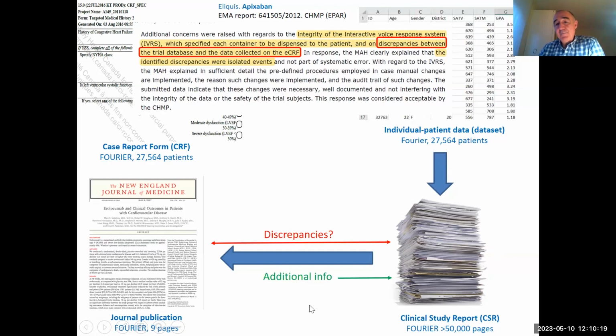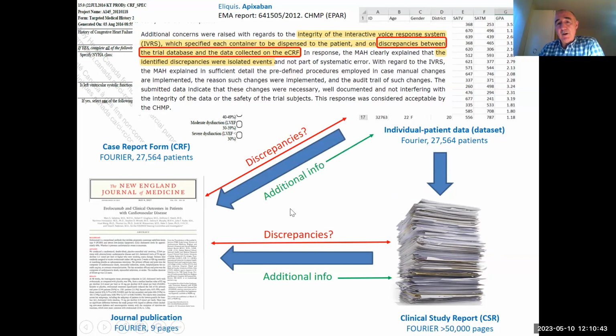And obviously, there will be much more additional information in the clinical study report than in the journal publication. And if we get access to the individual patient data, we can proceed the same way and double check for any discrepancies between the database and the publication in the medical journal. And obviously, there will be a lot more additional information in the data set.